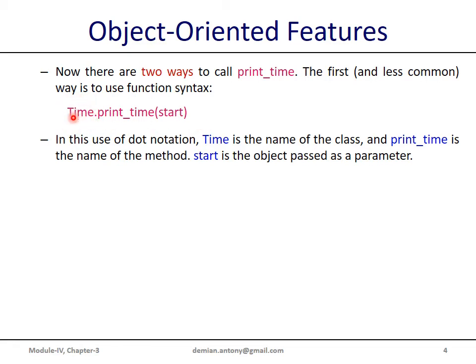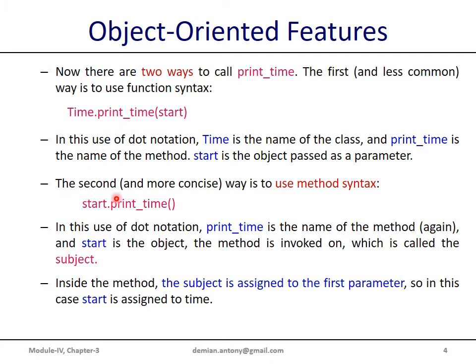We can use that class object to invoke a method where the object is a parameter for print time. You can note that this syntax uses a dot notation. This is the name of the class and print time is a method, and start is the object that is passed to a parameter. And the second method is a very concise way of calling a function. Normally it is called the method syntax.